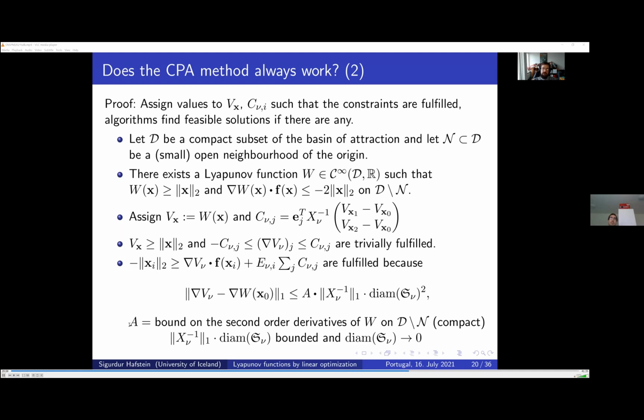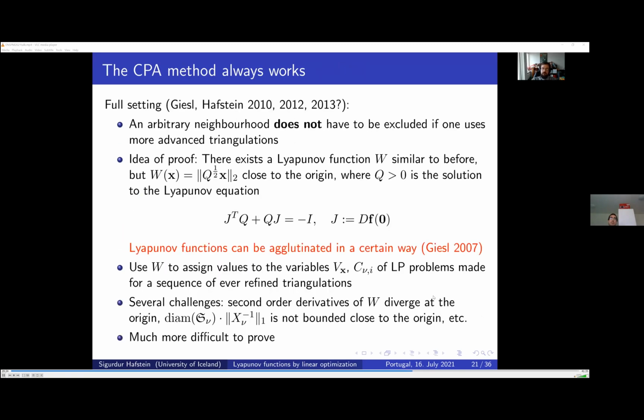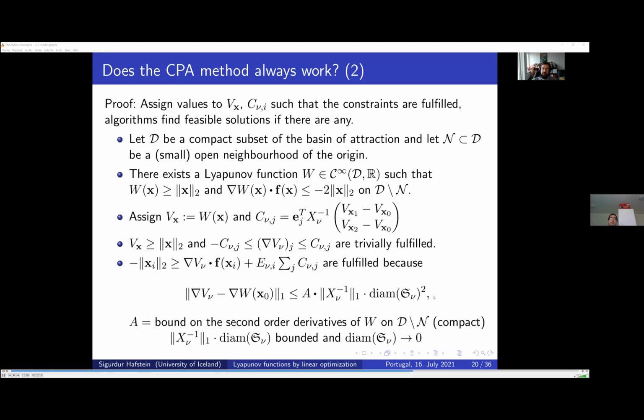We can get a bound here for the whole domain because it's compact. Since we assume that we are using triangulations so that this here is bounded, and this here is going to 0, then this estimate will go to 0. So this can be used to prove that this will always be fulfilled for small enough triangles.